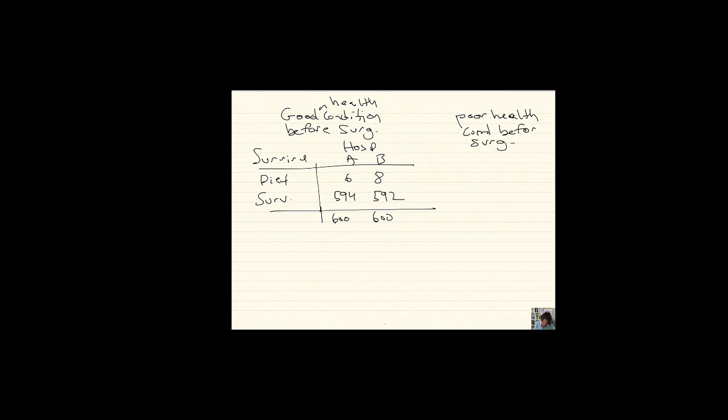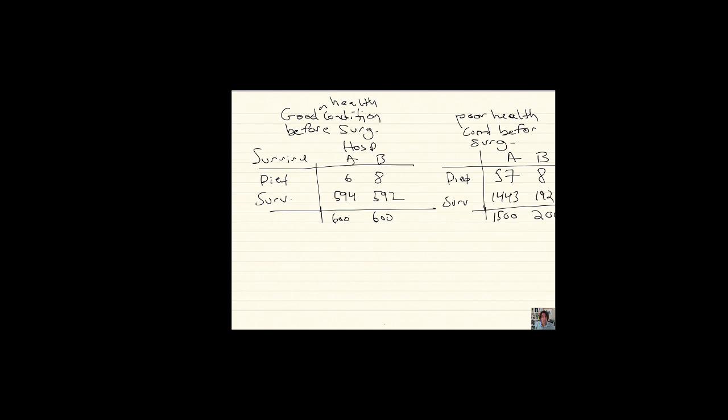And now we have a table for those patients that were in poor health before surgery. We have a very similar table: A, B, and died, survived. We have 57 here, 8 here, 1443 here, and 192 here. That gives us 1500, 200.